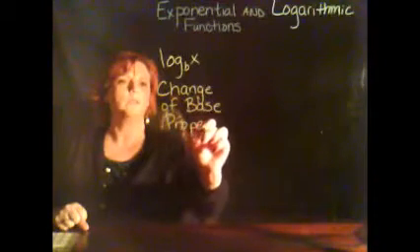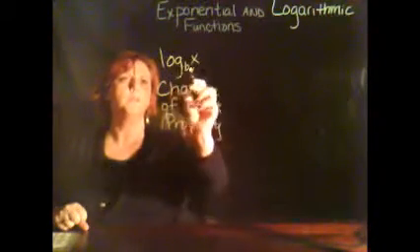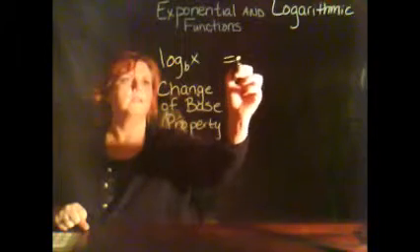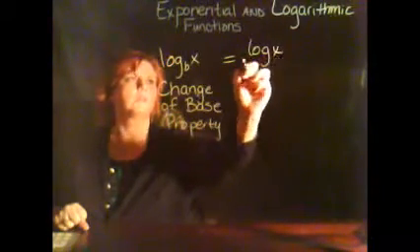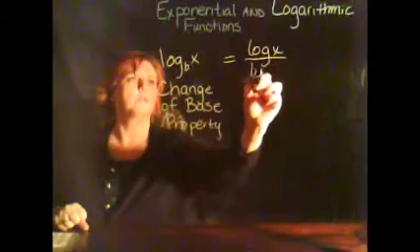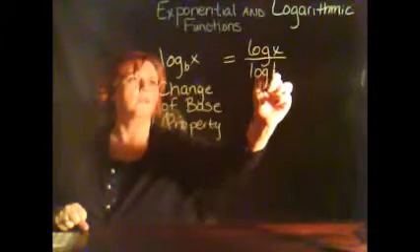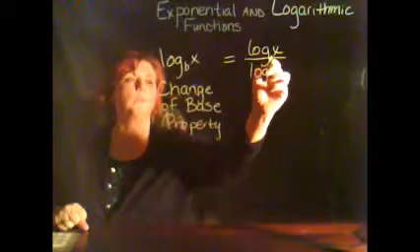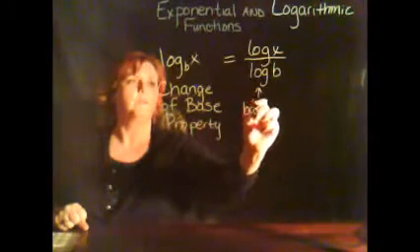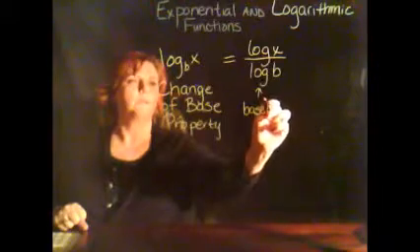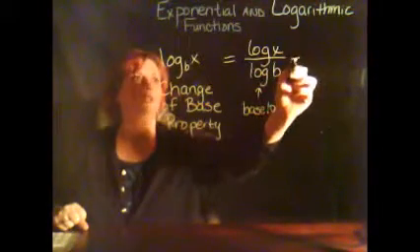So we're going to use the change of base property, which says that log base b of x is the same thing as log of x over log of b. Notice that they are both base 10. This also works if we're using natural log.